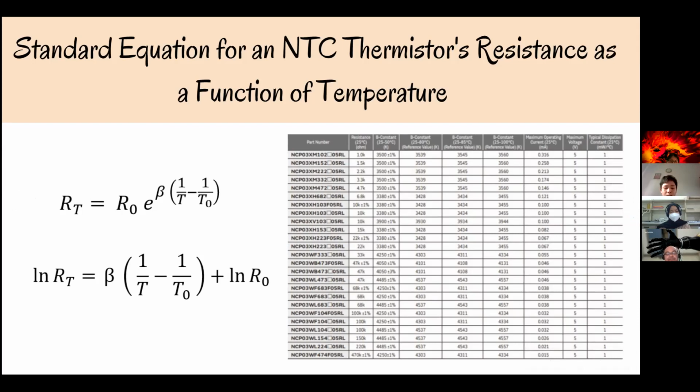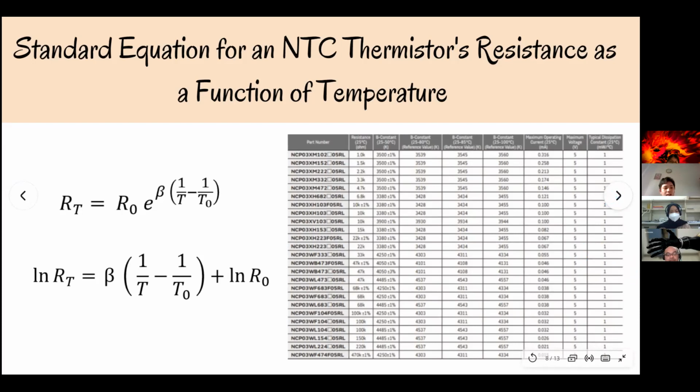And now we will test it using a 50K resistance, and then we will calculate the T. After we get the T and resistance, we are going to insert the R and T into the standard equation using the beta from the datasheet. If it is the same, then it is correct.